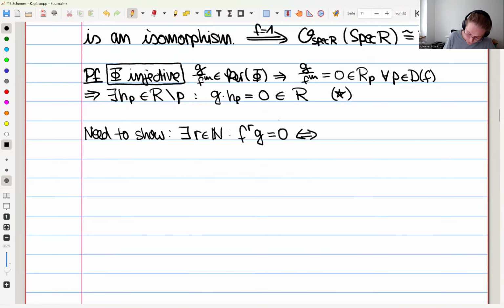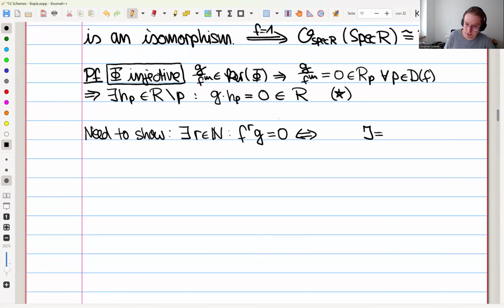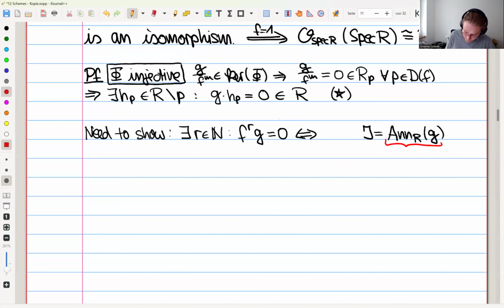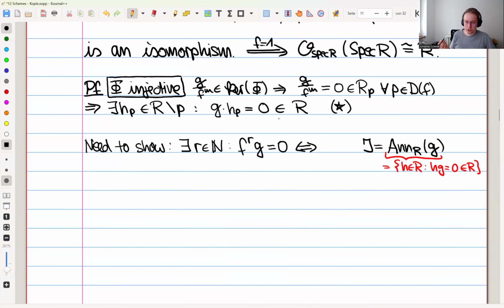You can call J the ideal which is the annihilator in R of G. This is the set of all H in R such that H times G is equal to 0 in R. With this language, it makes sense to reformulate what we just want as saying that some power of F is in the annihilator.